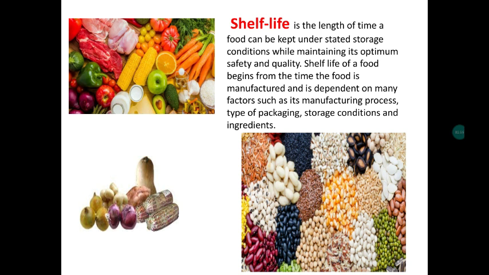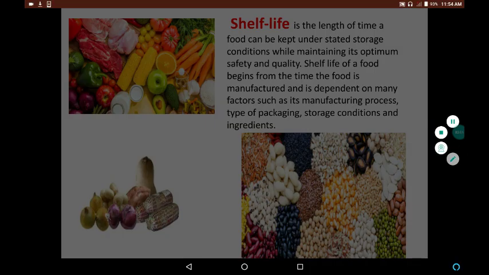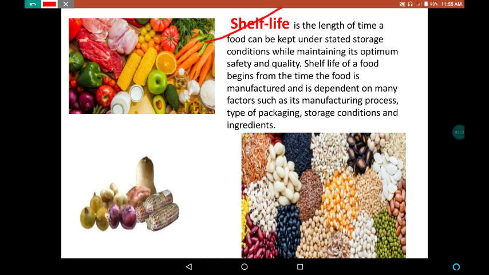Many food processing operations are designed to extend the shelf life of the food product. The concept of food processing is associated with reducing or eliminating all those activities, like microbial activities or other factors, which are responsible for spoiling the food.